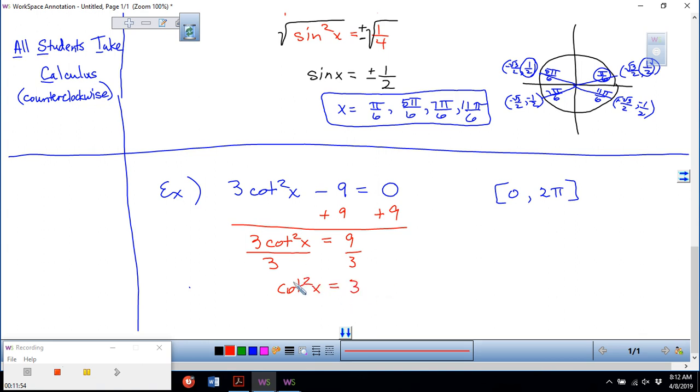Now what we have to remember is we don't see immediately on our ordered pair tangents or cotangents. What we see are sines and cosines. But if we will recall, cotangent is equal to cosine over sine using our identities.